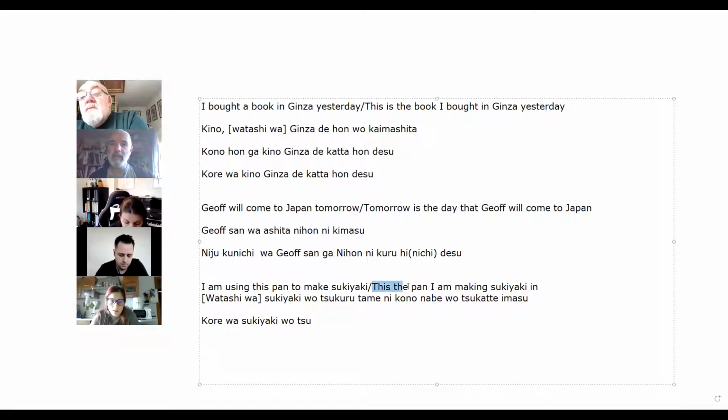Sorry, just to be clear, this sentence here doesn't have using in it. It's got just this verb here, making sukiyaki. So it's sukiyaki, or what's the verb after sukiyaki? It's making tsukao. That's using. Should I use another verb?